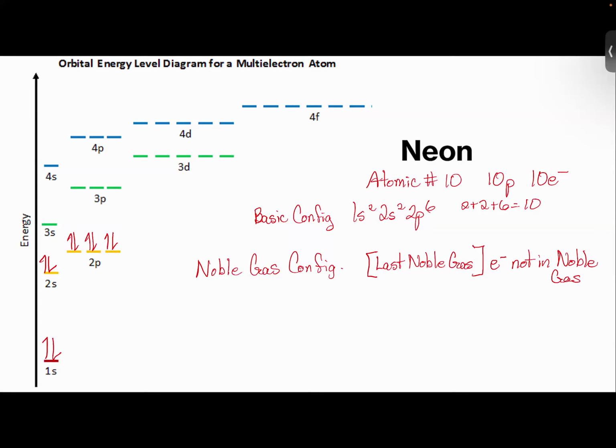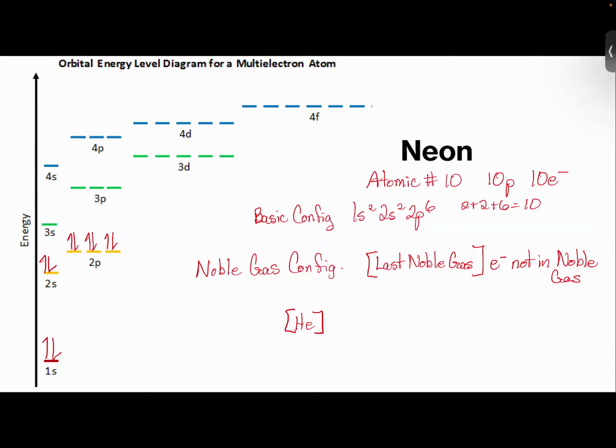So what is the noble gas that came before neon? Helium. So we would place the elemental symbol for helium in brackets. What you just did is said, hey, I have everything helium has.